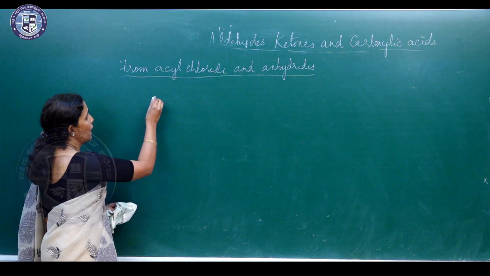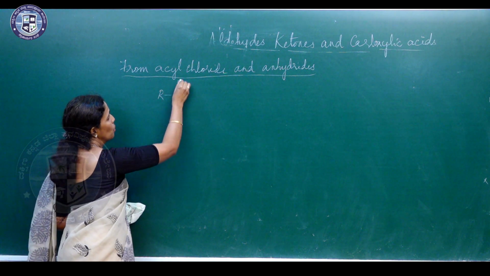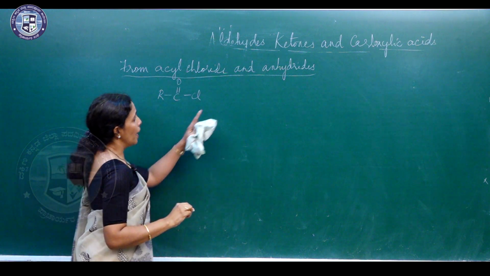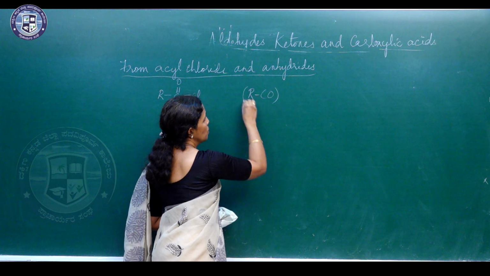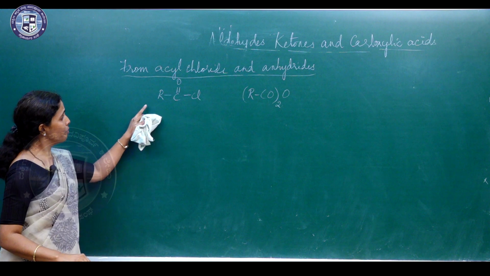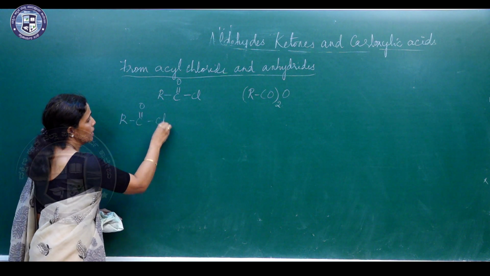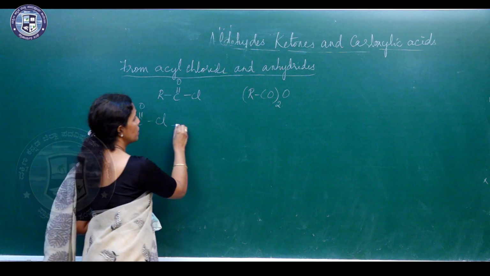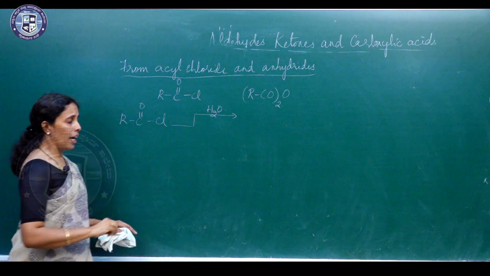Acyl halides or acyl chlorides are represented as RC(=O)Cl, and anhydrides are represented as (RCO)2O. So, we will take RC(=O)Cl, that is acyl chloride, and we will subject it to hydrolysis.